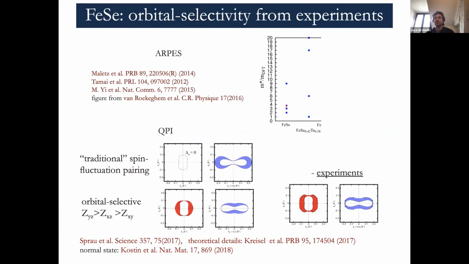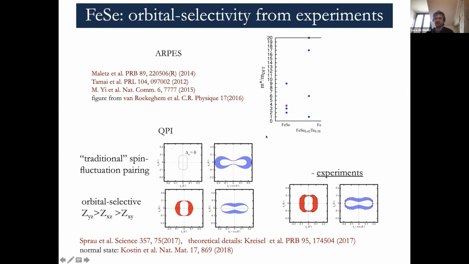Particularly for iron selenium, orbital selectivity was seen in a lot of ARPES works. There is a nice work from still the Rutgers and group with Mingi. I think at that time she was probably in Chen's group, but there are other works. Here I quote some of the estimates of the mass enhancements for iron selenium and iron selenium tellurium, and they're very spread.